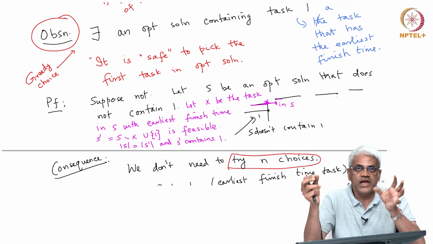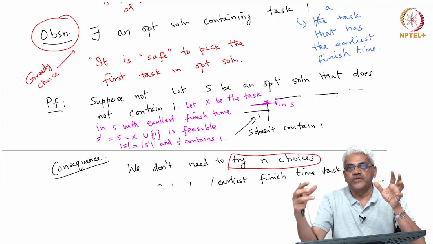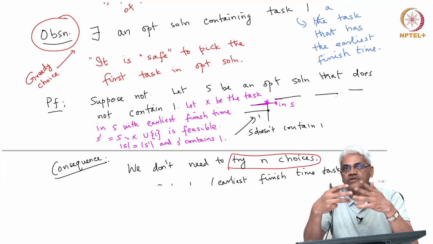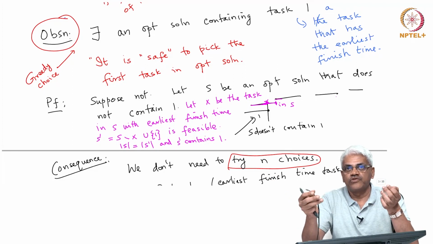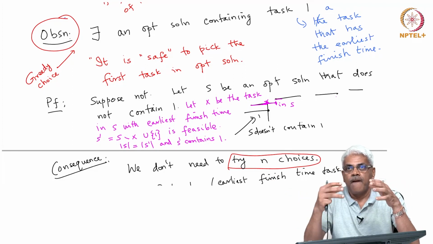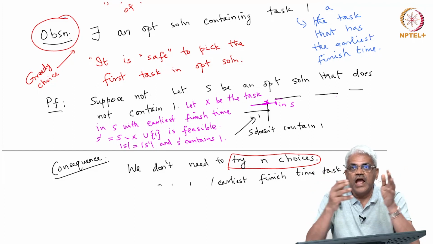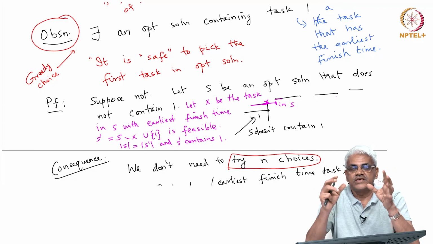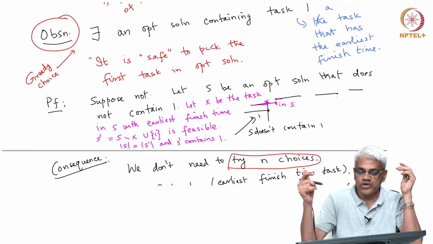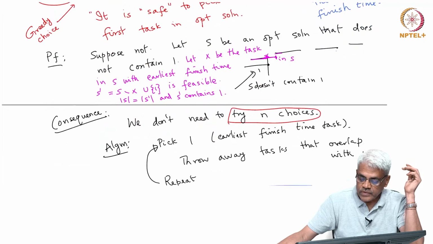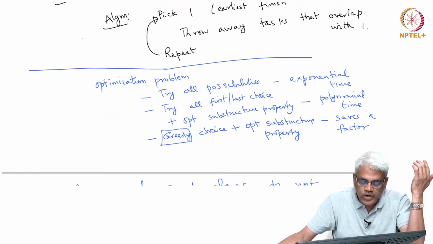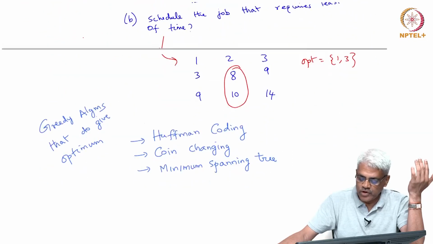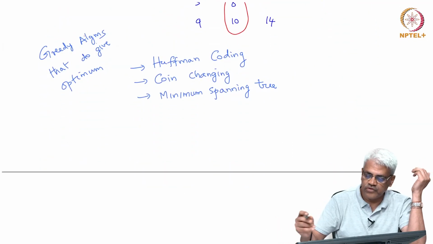Either you have to say the first choice is correct and you have an optimum substructure property, then it's fine. Then what is the new problem? It's some sort of a recursive formulation, and you are applying greedy there. Or you have to say the first choice is correct, and if you have picked some k things, by induction, you have to show that the next choice is correct. So teachers who are doing this, you may not be doing the proofs, I'm sure most of you do not give a proof of correctness.